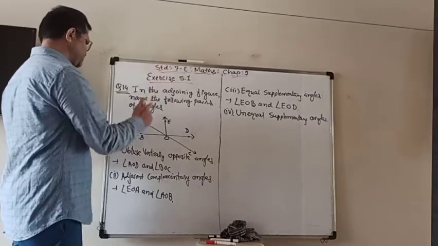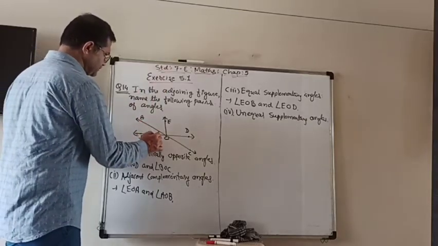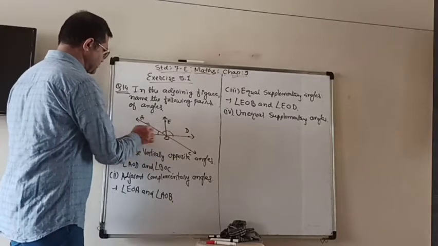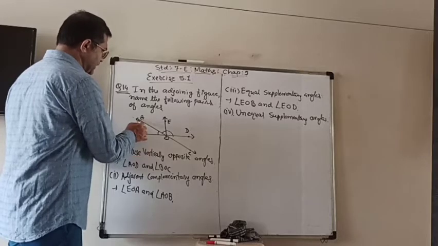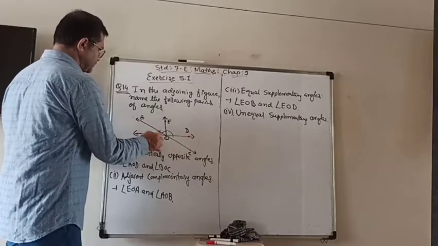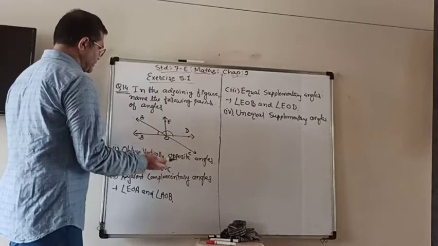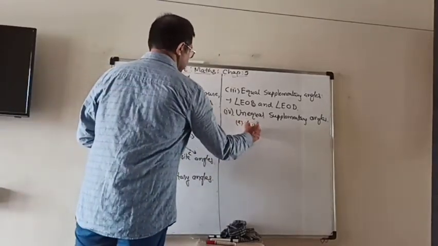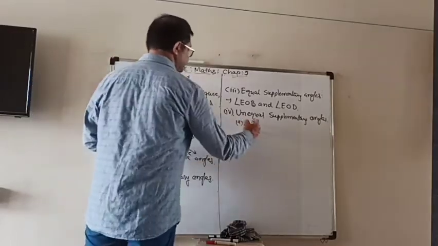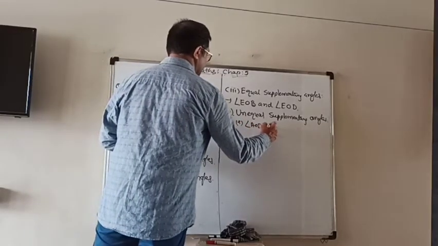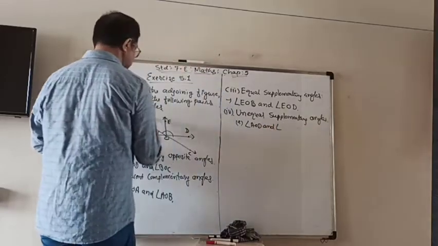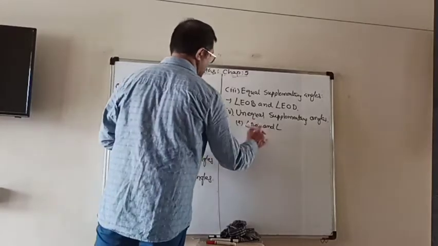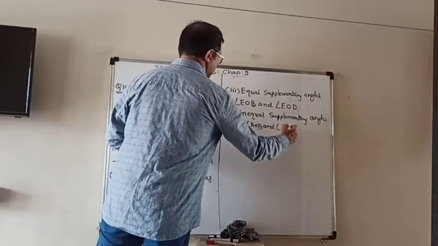Now you can see that this angle and the whole angle, that means angle AOB and angle AOD, are forming a linear pair, so they are supplementary and they are not equal. So first we will write angle AOD and angle AOB, or first you write AOB and angle AOD.